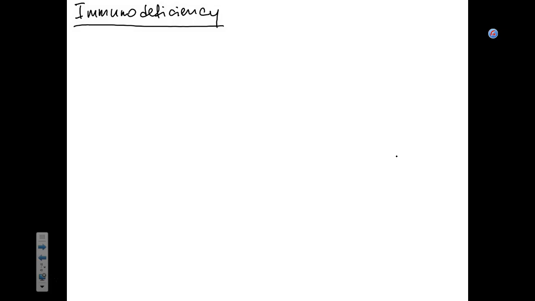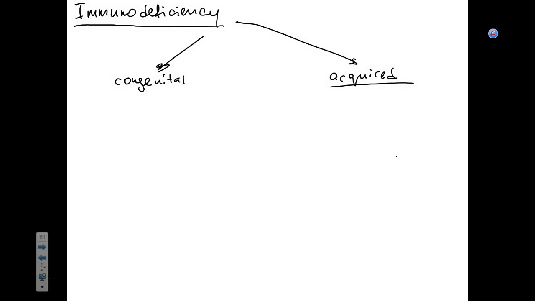So immunodeficiency can have one of two flavors. It can be congenital or it can be acquired. So what does acquired mean? Developed, right? Got from something, okay? Which types of acquired immunodeficiencies do you know? Cancer.